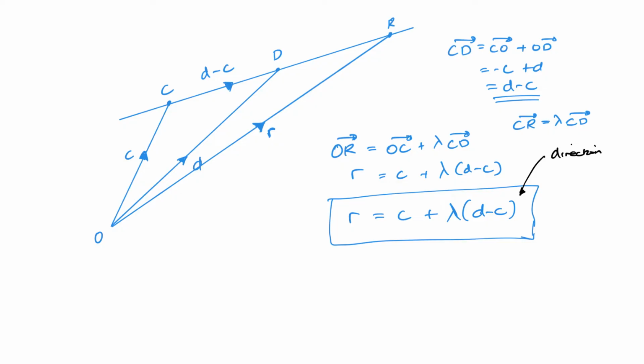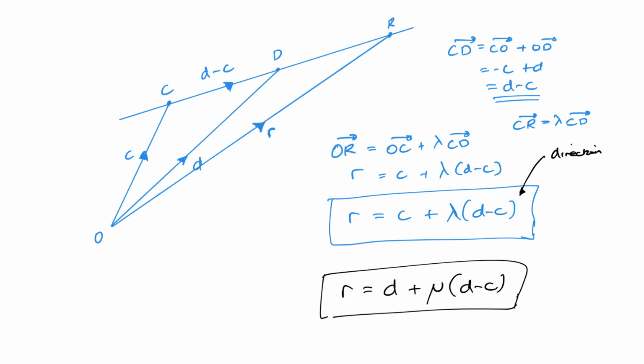Now, you notice when I was doing this OR, I went OC and then C to R, which is a multiple of this CD. Well, I can obviously go, instead of O to C, I could go O to D and then a multiple along here. So an alternative could be that R equals D plus a different multiple of DC.